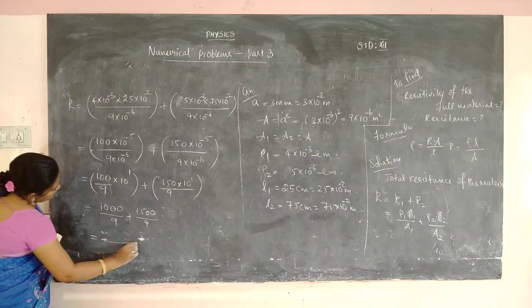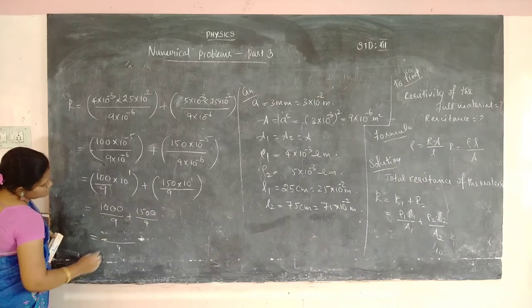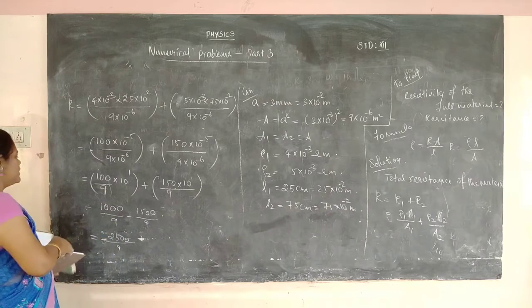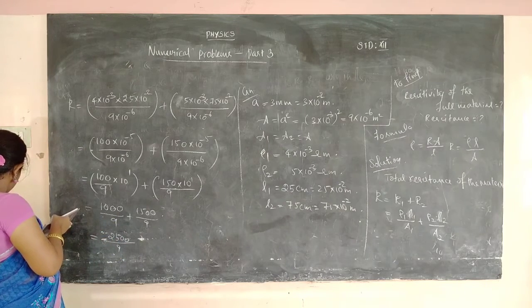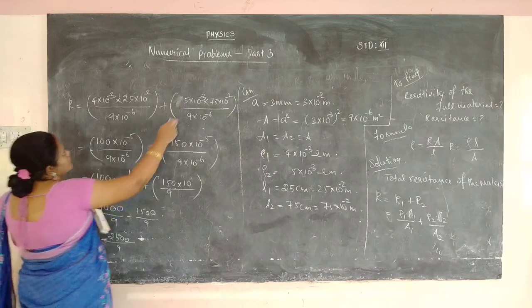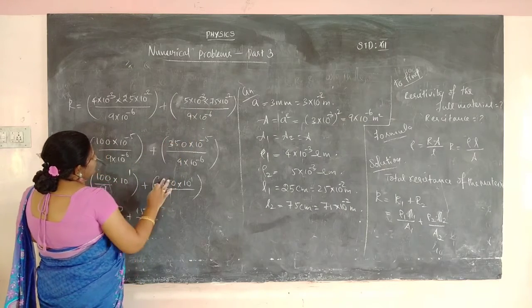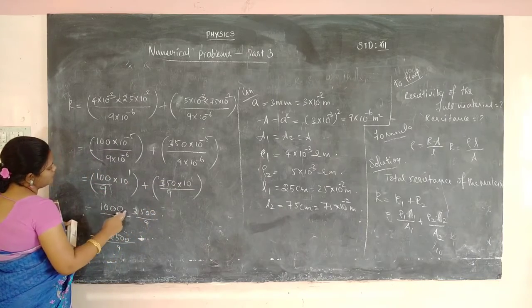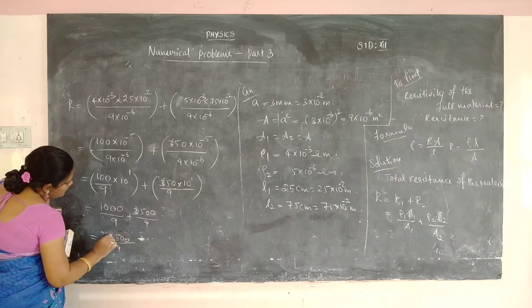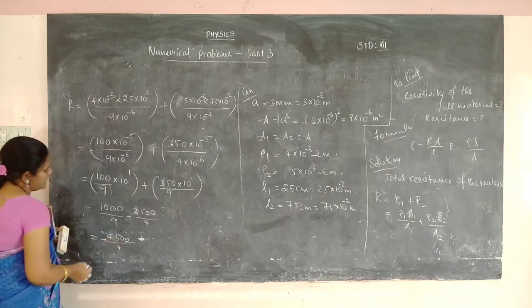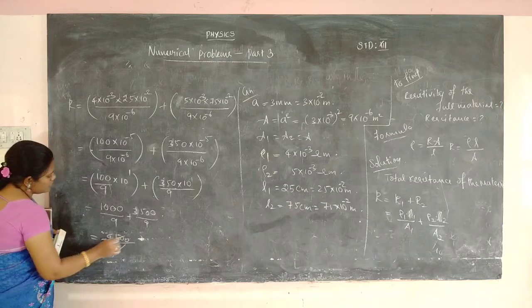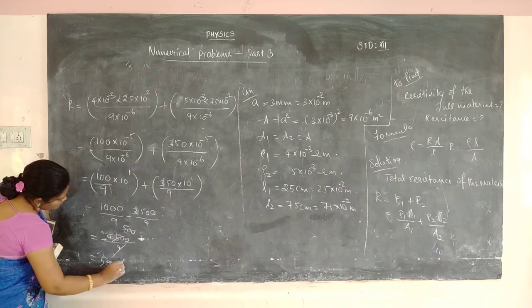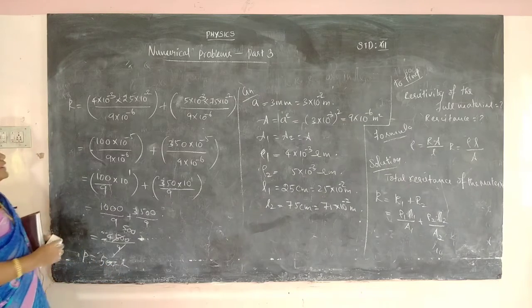Taking the common denominator 9, 1000 plus 3500 is 4500 by 9. So 5 nines are 45, which gives 500 ohm. So total resistance R is equal to 500 ohm.